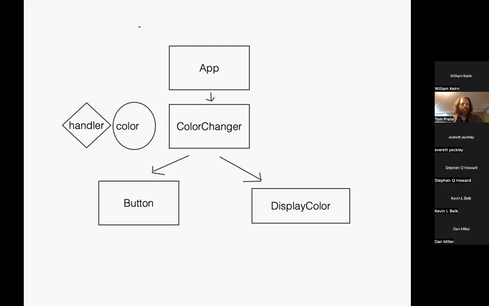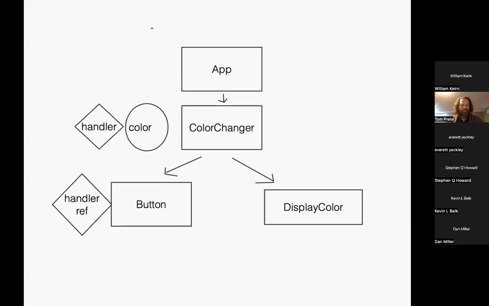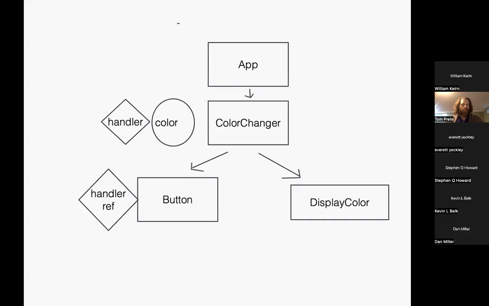What we're going to have to do is pass a handler reference from color changer to button, so that when someone clicks on the button, we can activate this function, which is actually contained in color changer.